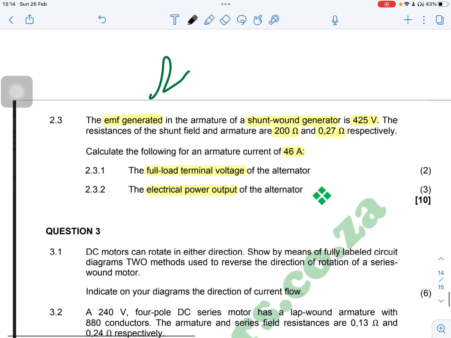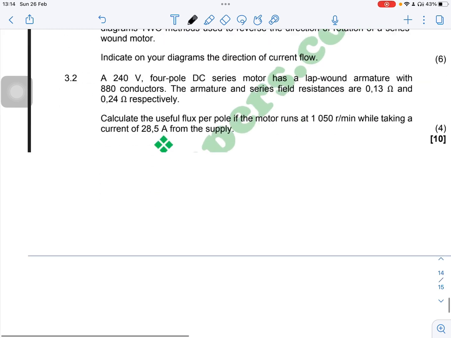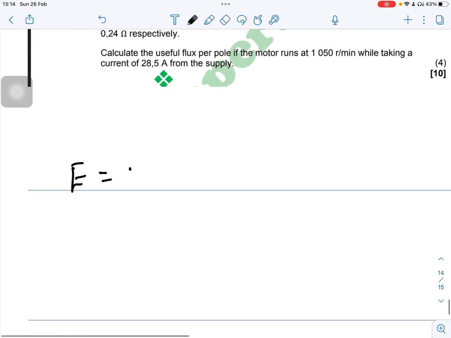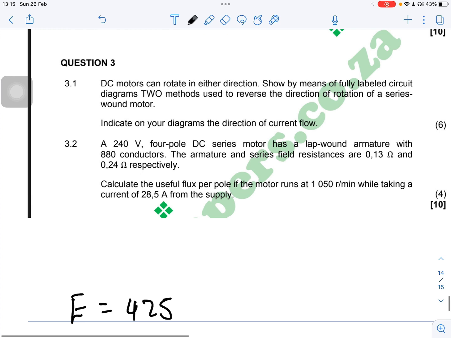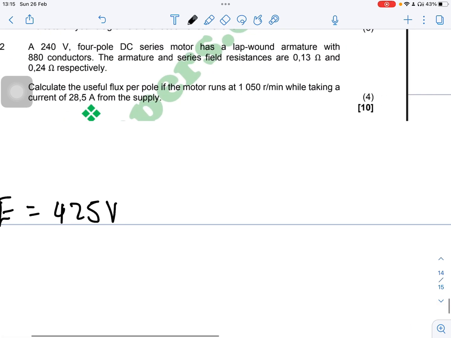So let us write down the givens. We're given a generated EMF, which is E equals 425 volts. And we are told that it's a shunt generator.